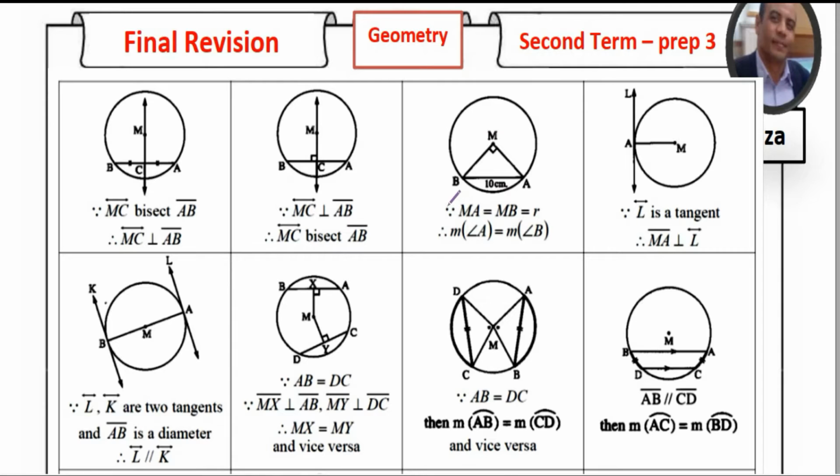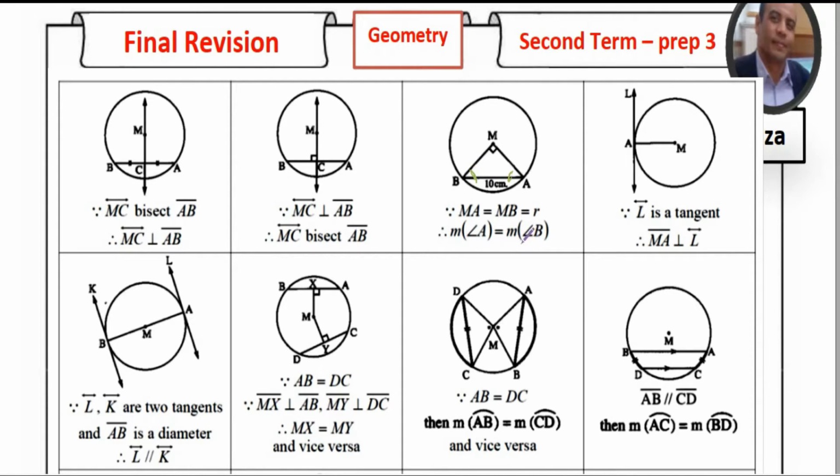Third, if you have the circle M and we have the central angle AMB equal 90 degrees, so BM and AM are two radii and perpendicular to each other, and we have the chord AB equal 10 centimeters. Therefore, measure of the angle A equal measure of the angle B. Why?